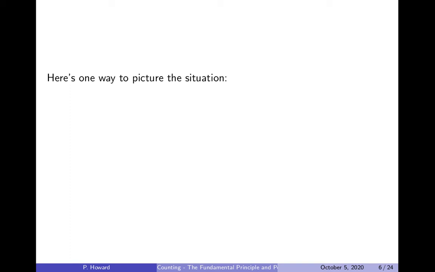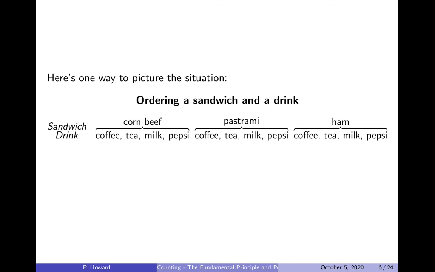Well, here's one way to get a picture of the situation. We could picture the possibilities for your order like this. There are 3 possibilities for your sandwich: corned beef, pastrami, and ham, which I've listed here in this row.